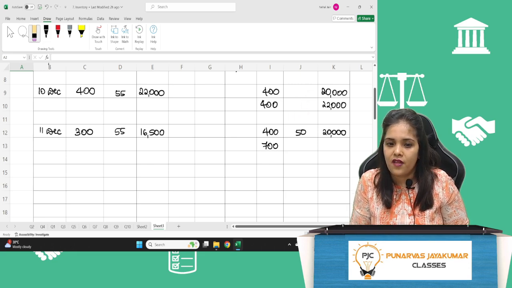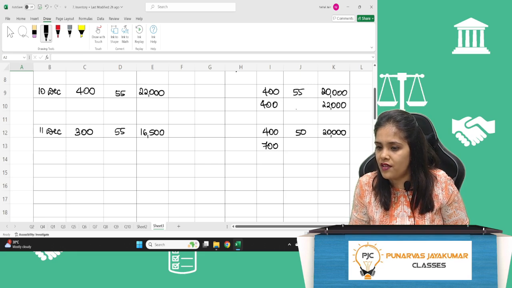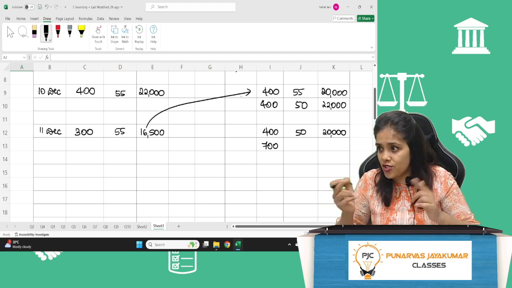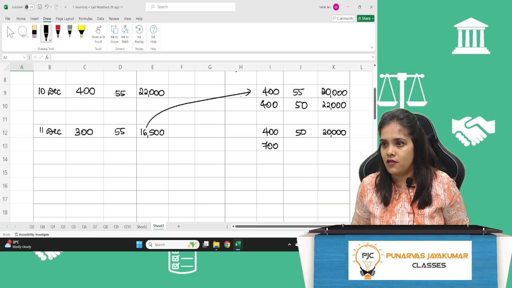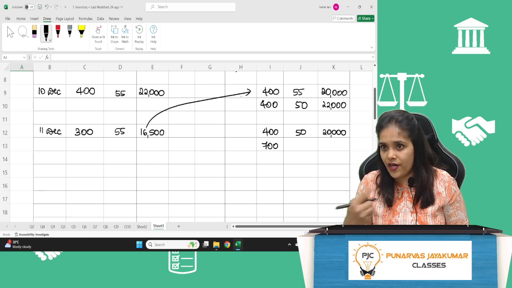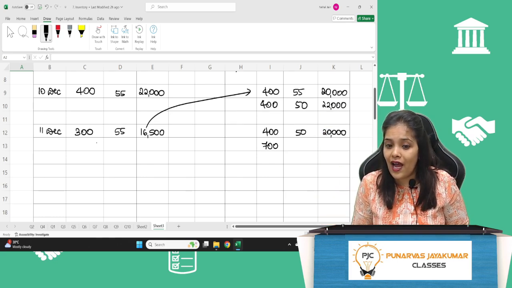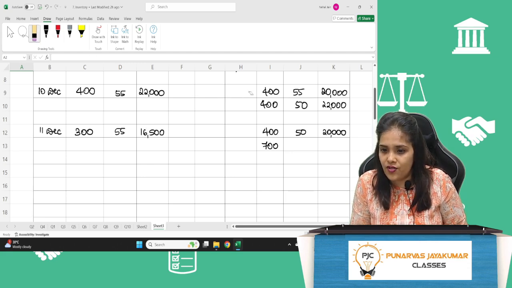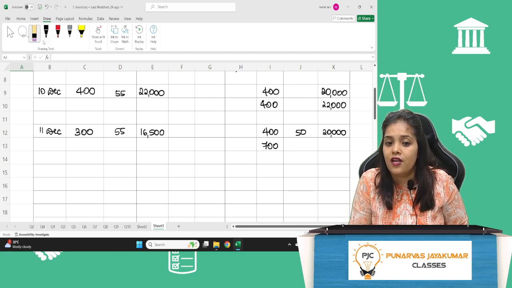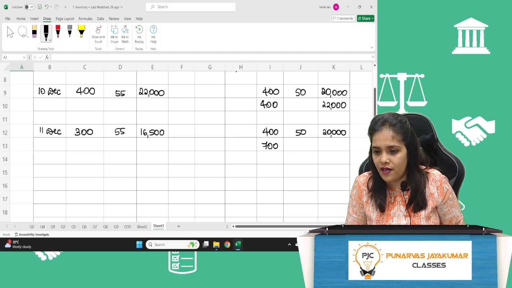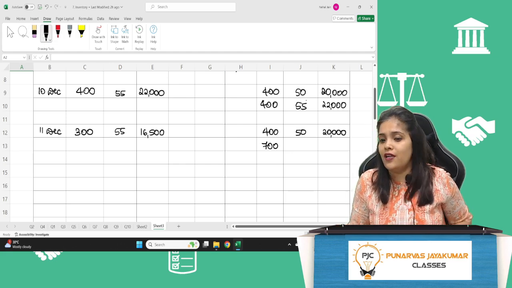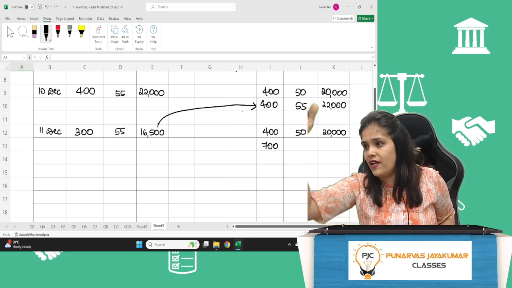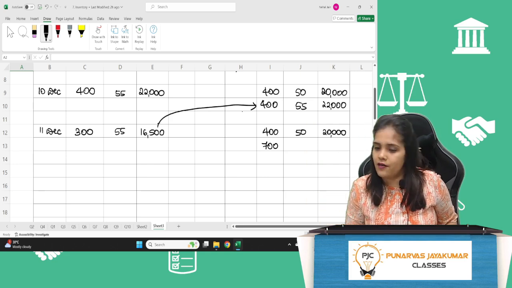What if it was 50? Then you can't merge it because it was purchased on different dates. You can merge only the latest, because we are doing the LIFO method, right? You can't merge the older one. Is it clear to you?